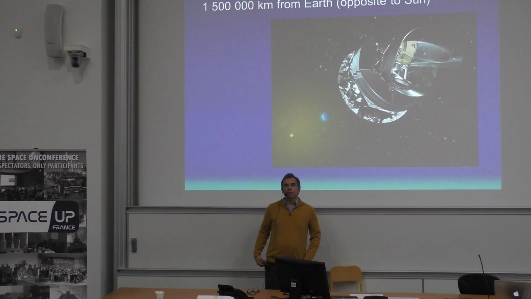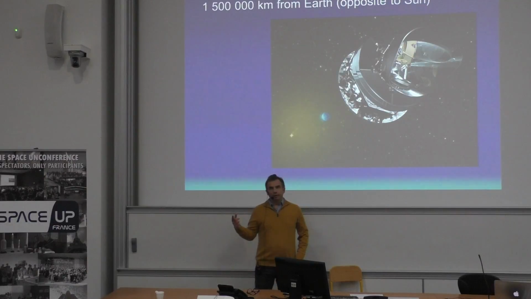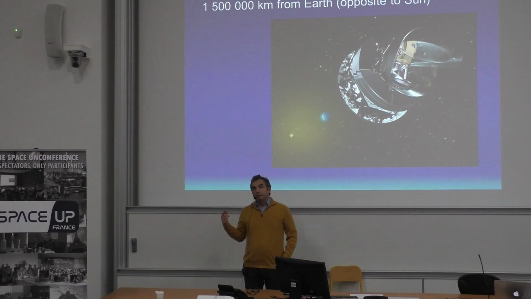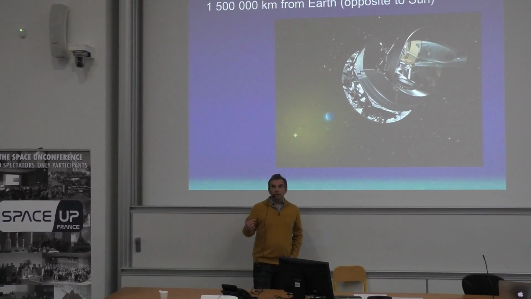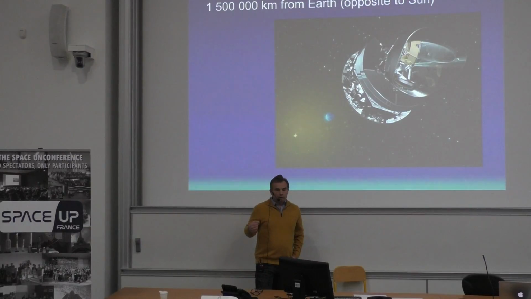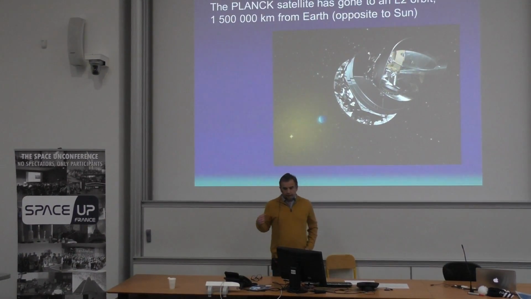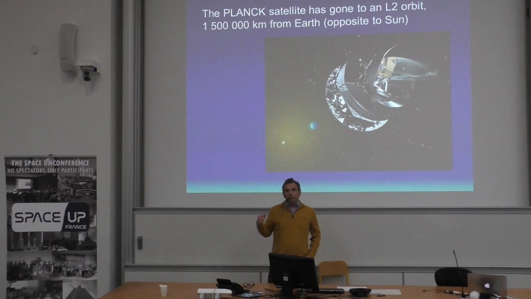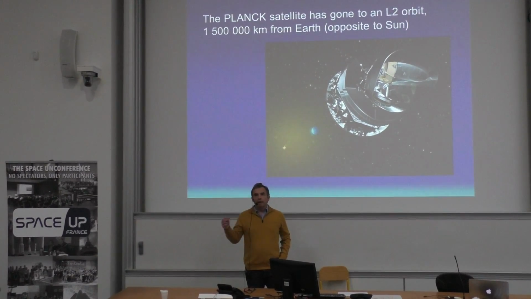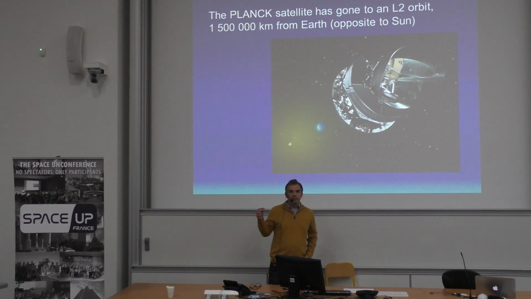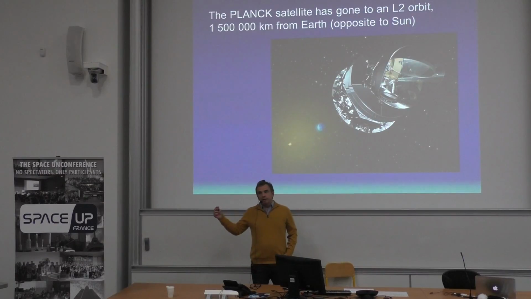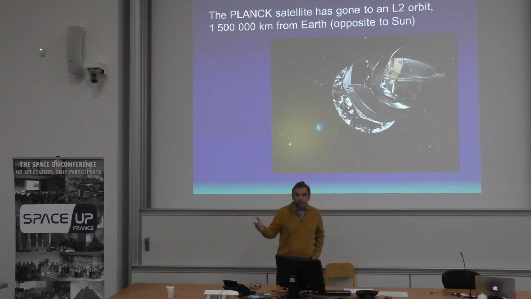And if you make it in the right clock direction, with the Earth going in 1 year around the Sun, then, if you try to visualize it, the satellite will not move with respect to the Sun and the Earth. It will just follow the Earth, 1,500,000 kilometers away from the Earth, around the Sun in 1 year.